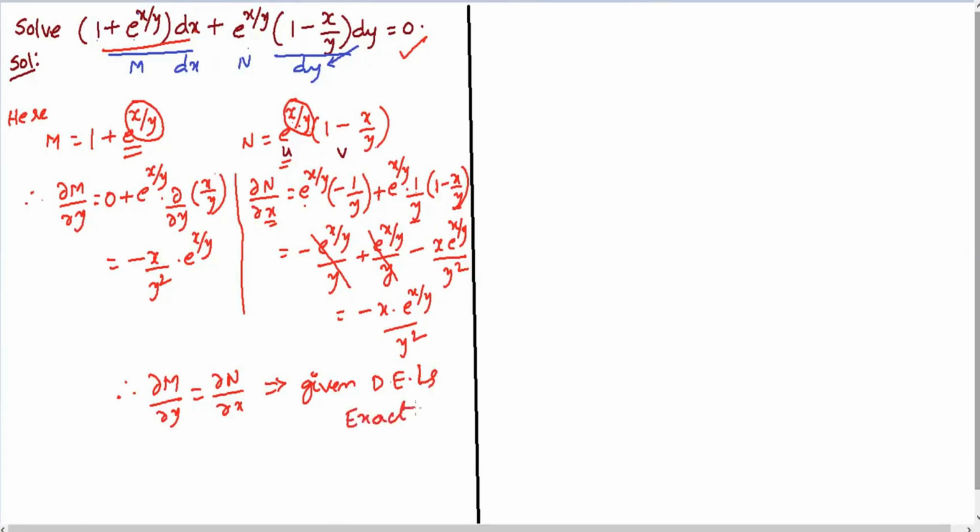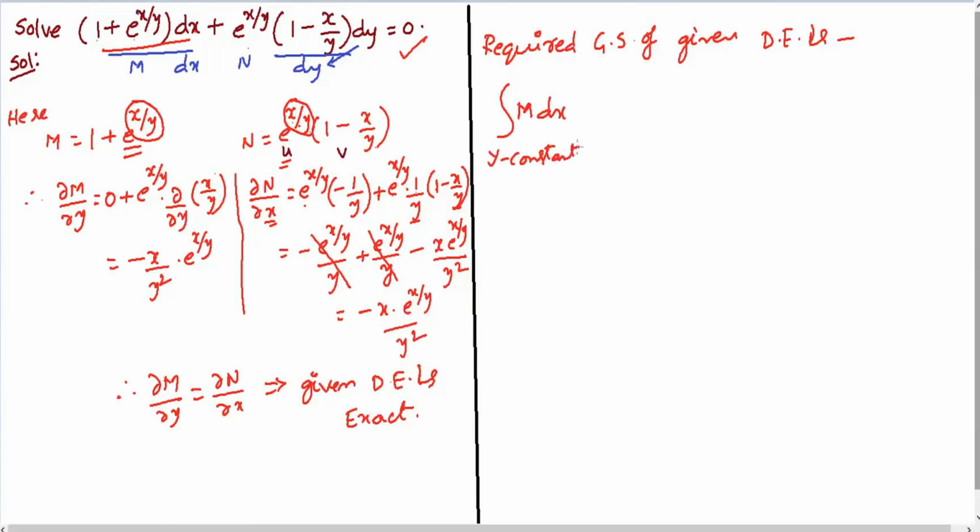Okay, the partial differentiation knowledge is very important in the concept of exact differential equations. So whenever we get an exact equation, immediately we can write the required general solution. We have a direct formula for the general solution of an exact equation, which is the integration of M dx, treating y as constant.